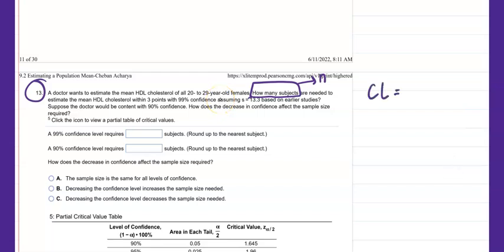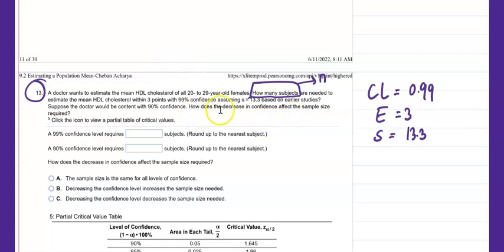CL equals 0.99, 99%. Within 3 points is what the doctor wants to estimate. That means 3 points must be the margin of error. So E equals 3. And s equals 13.3. That's the sample standard deviation.